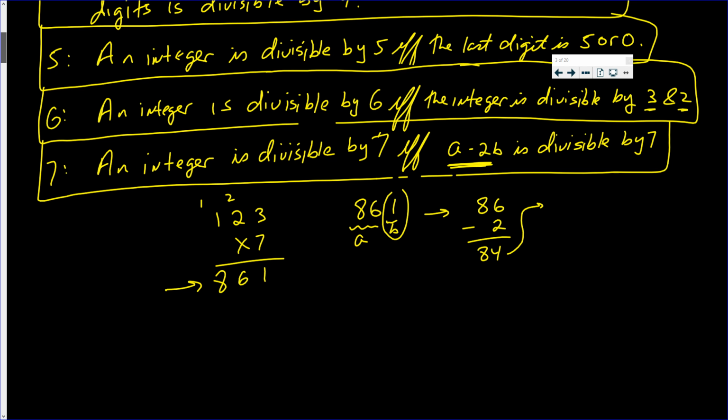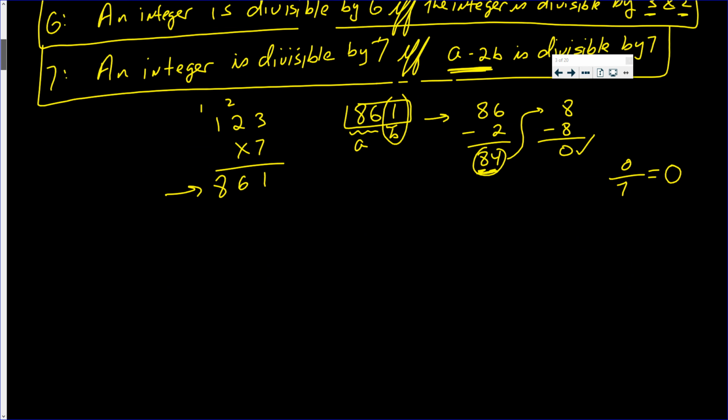If you don't, you take that number and you take away 2 of those. 2 4s are 8, and you get 0. And this number is divisible by 7. If I take 0 and divide it by 7, I get a nice integer, no remainder. So that means this number is divisible by 7, and this number was divisible by 7.